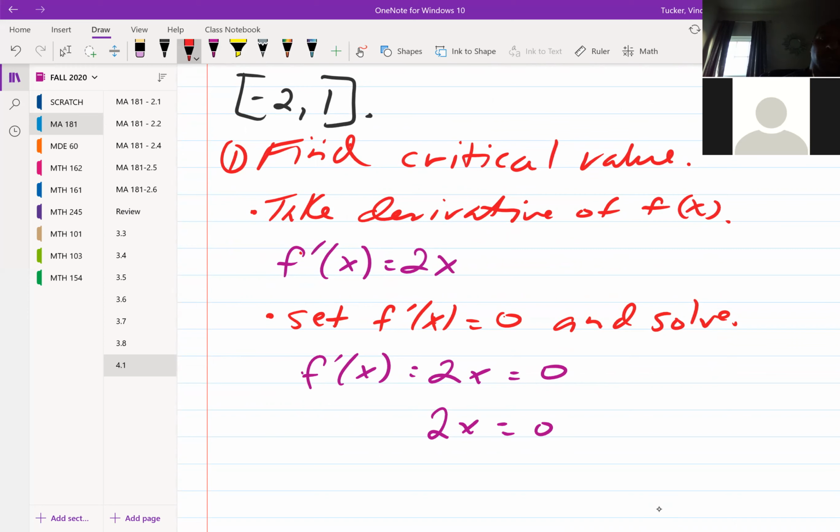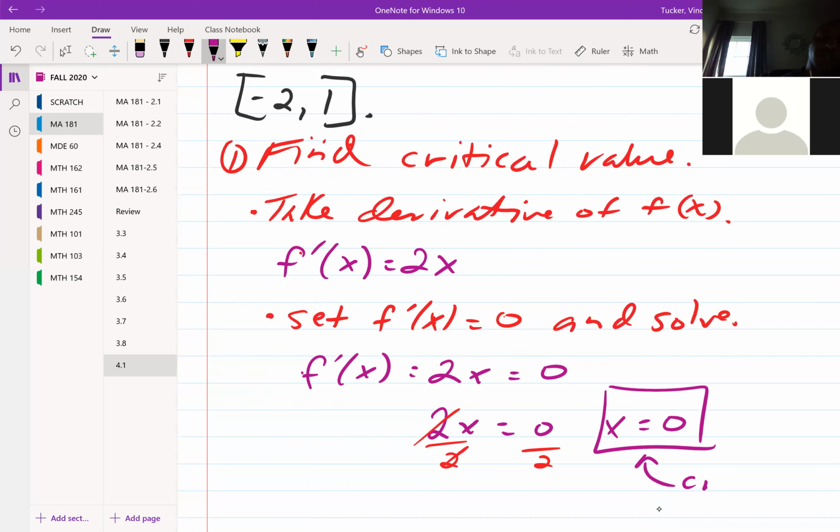So set 2x equal to 0, divide by 2. x is equal to 0. So x equal to 0 is a critical point.